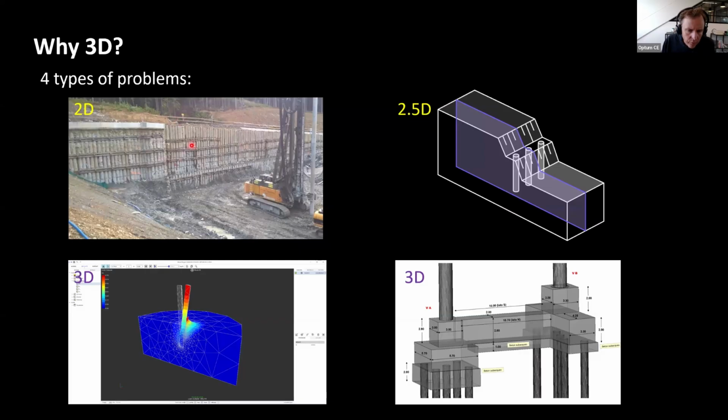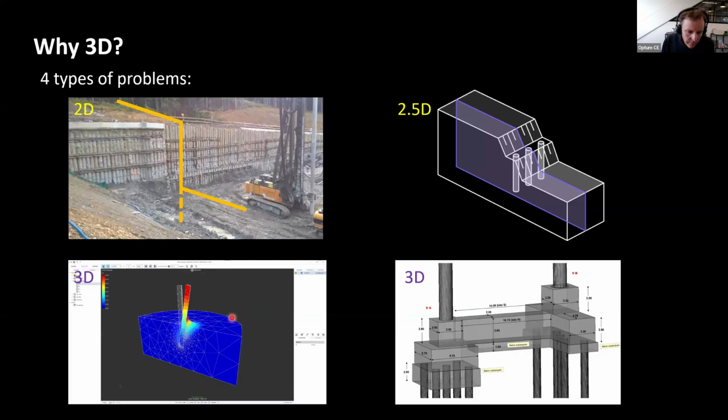There are the problems that are 2D, and they're the most common. So a long wall like this, a secant pile wall, it would not be reasonable to attack this wall in 3D. You would want to take out some sort of a critical section, or maybe a couple of them, and then analyze those sections in 2D.